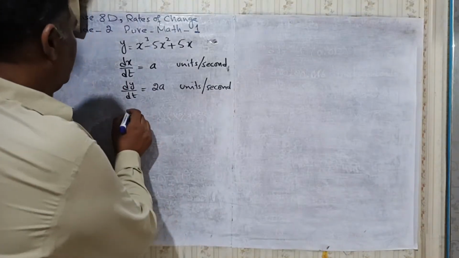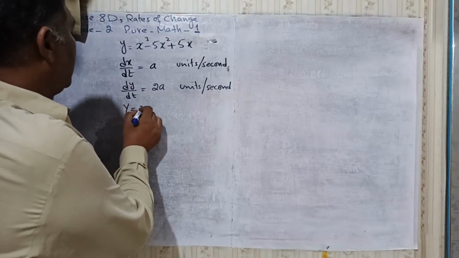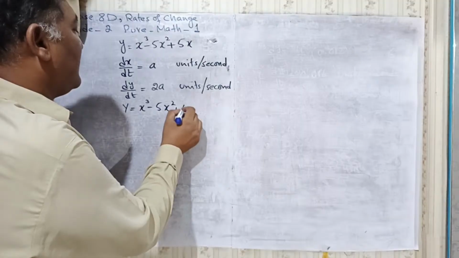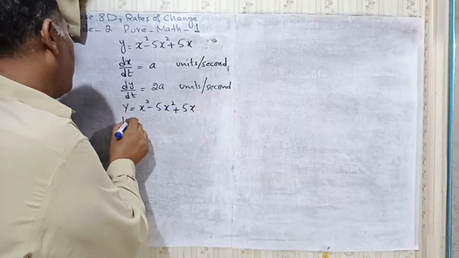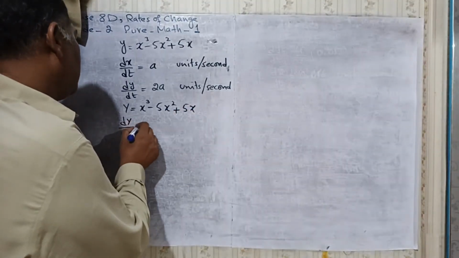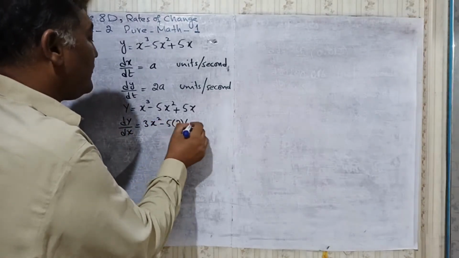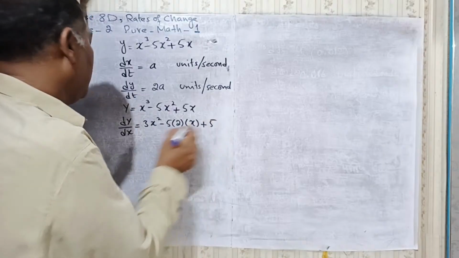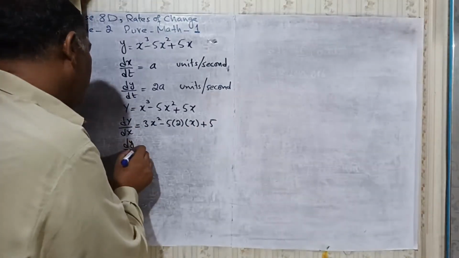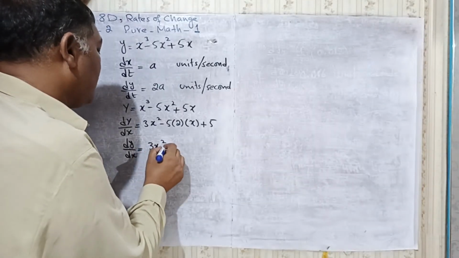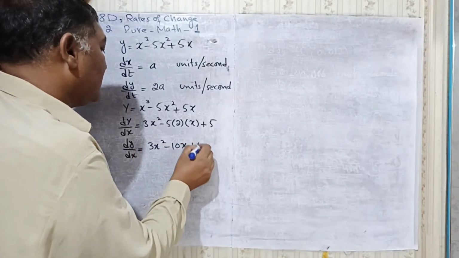So y is equal to x cubed minus 5x squared plus 5x. So dy by dx will be equal to 3x squared minus 10x plus 5.